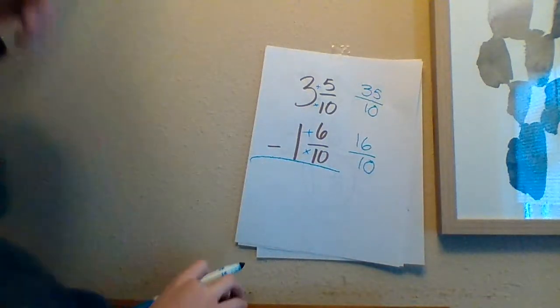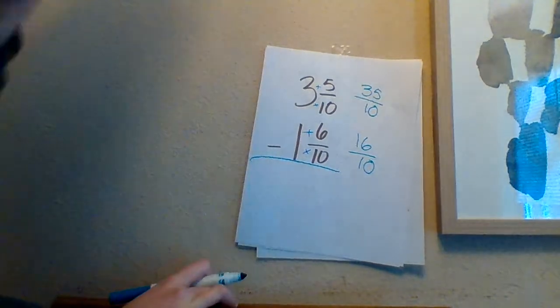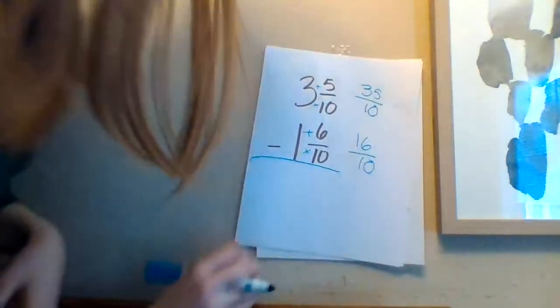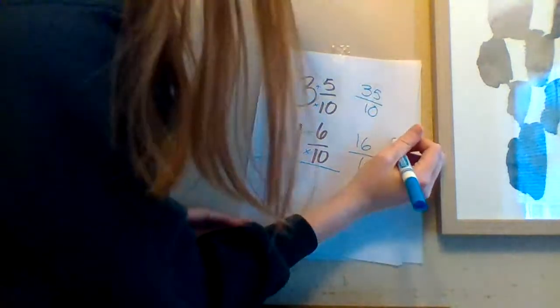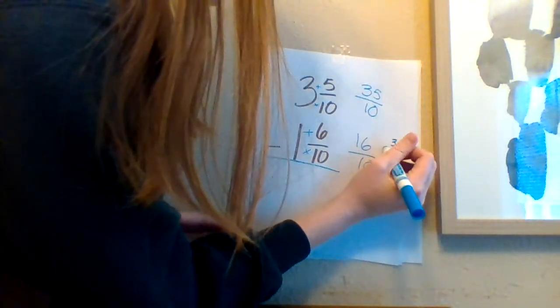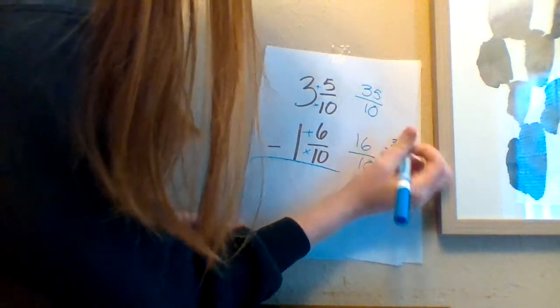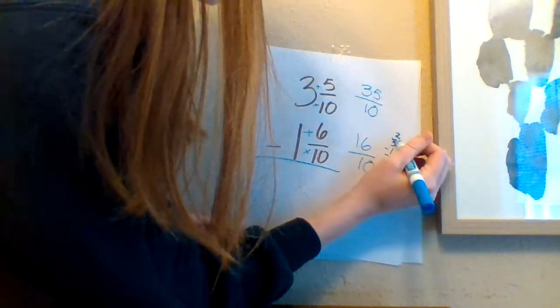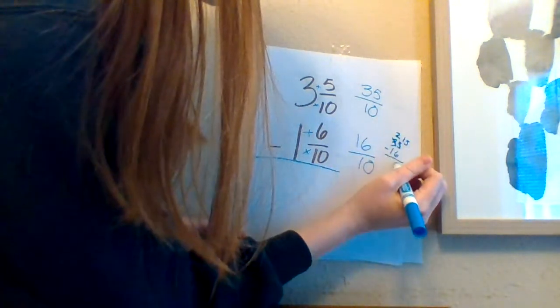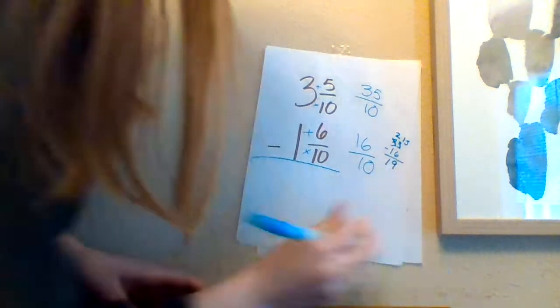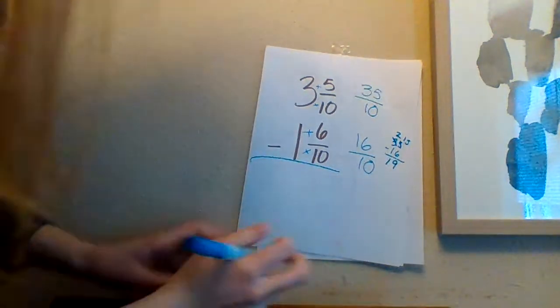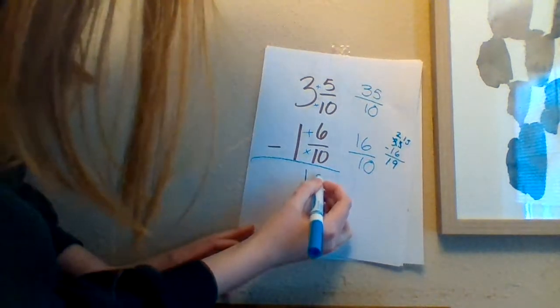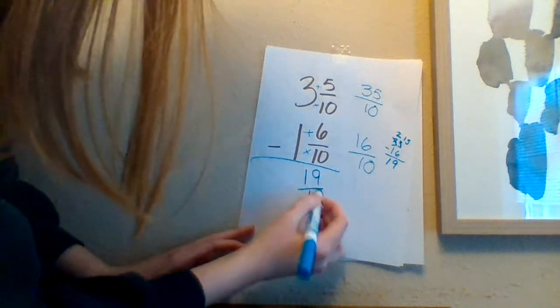Okay, and then I could do my subtraction. So if you need to come over here and do 35 minus 16 and make sure you're regrouping, you would get 19 over there. So it'd be 19 tenths, but you're not done.